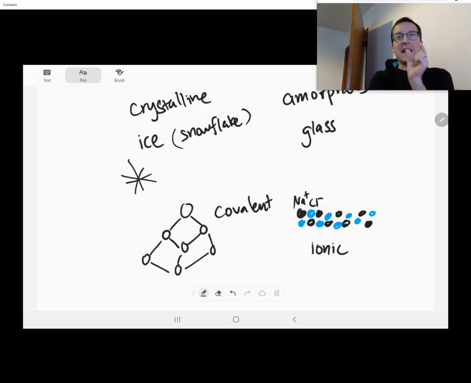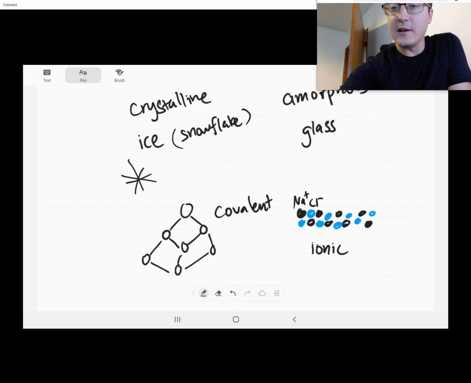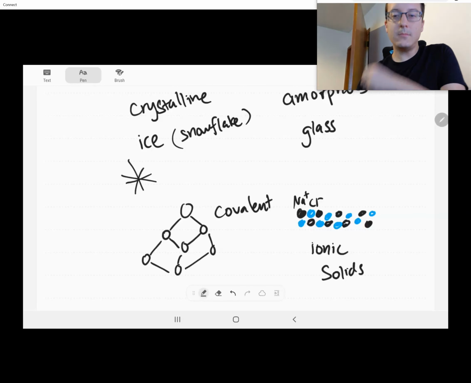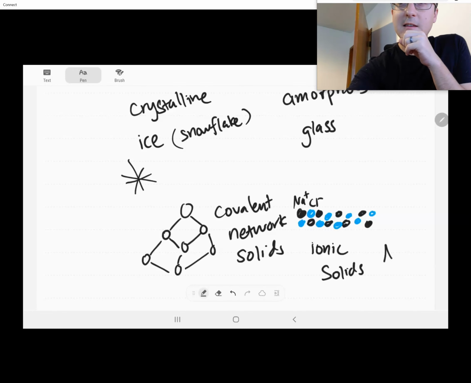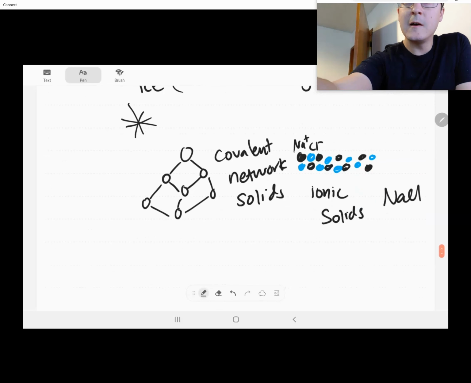You can never just get one sodium and one chloride together. They in fact form these structures where you have sodium, chloride, sodium, chloride, sodium, chloride. And so they're not really discrete entities. You usually form these crystals, these network lattices. Those are called ionic solids. So this could be like NaCl, or most ionic compounds will form these ionic solids.